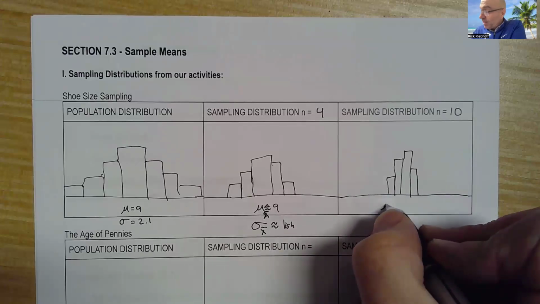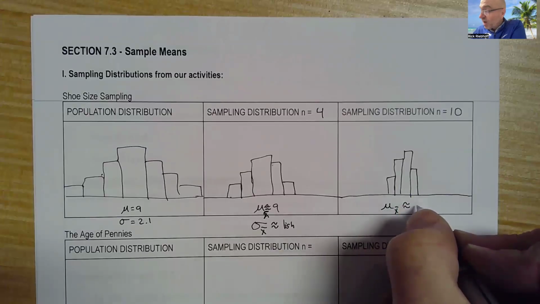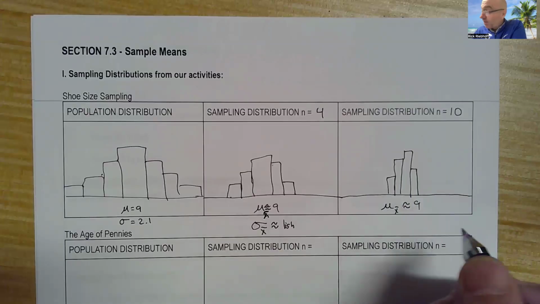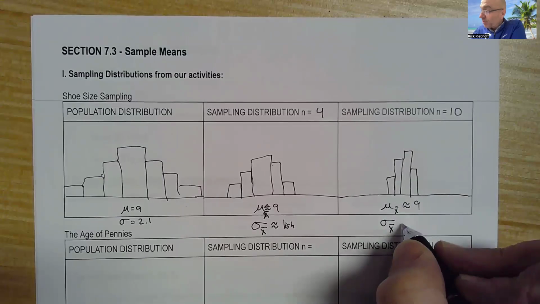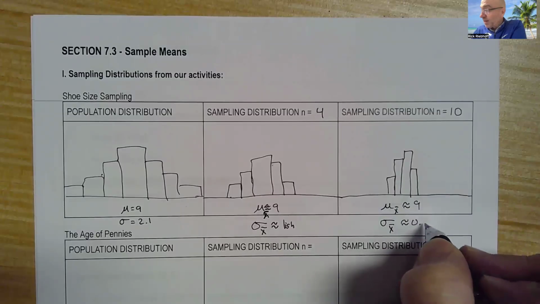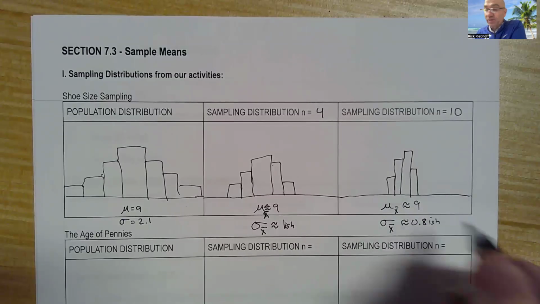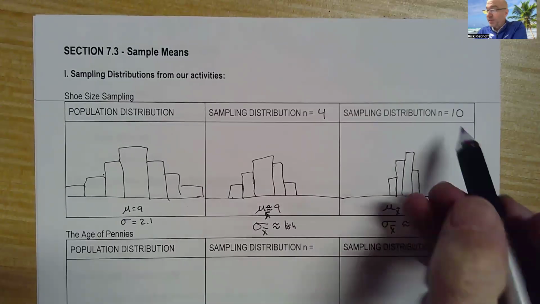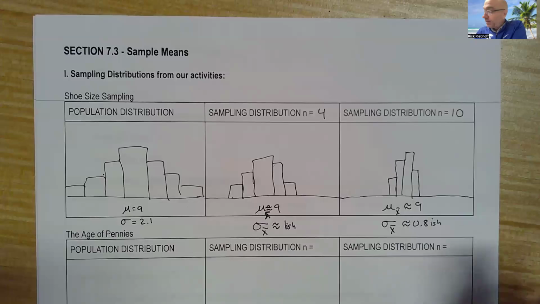So the mean of our x bars should have been somewhere around 9-ish. Again, could be a little bit off, sampling variability. And then sigma of x bar was probably like 0.8 or 0.7 or 0.6 or something around there with a sample size of 10. If we did a sample size of 16, it might be smaller. Just depends. Cool.